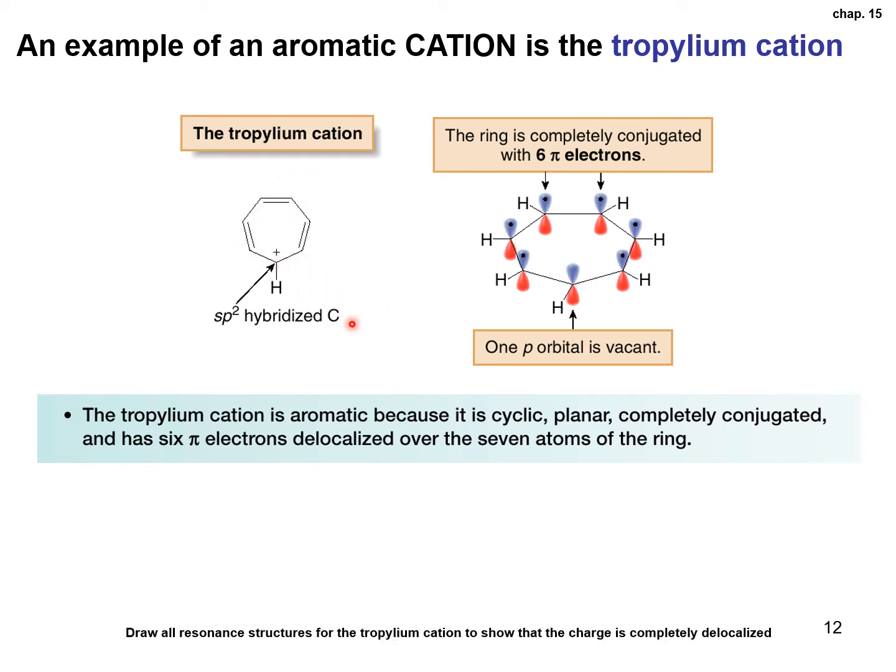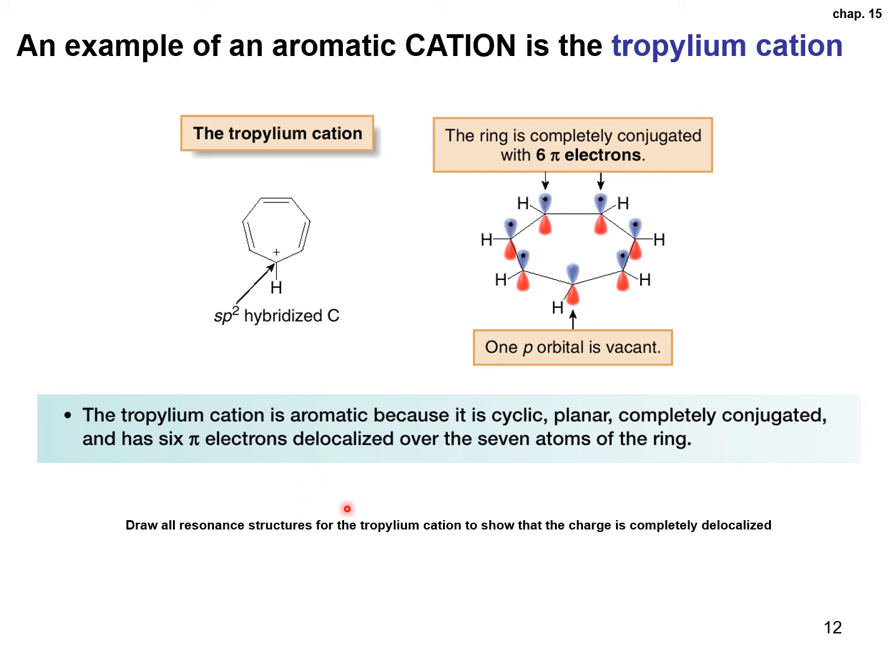You can tell by drawing all the resonance structures for the tropylium cation, and you will see a series of resonance structures in which the positive charge is distributed on each carbon throughout the ring. Try this yourself; this was actually one of the problems in the resonance structure problem set, solutions of which are posted on Blackboard.